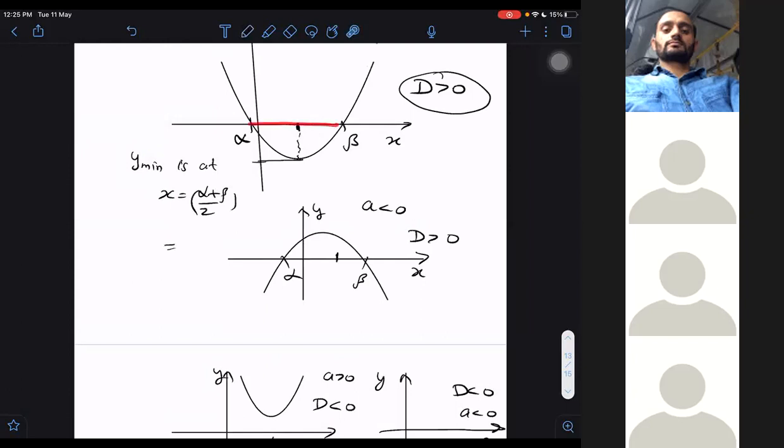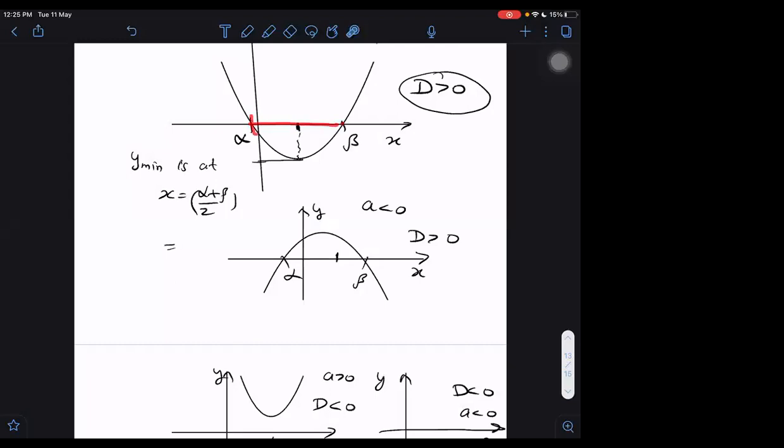You can understand it: if I take alpha and beta, take the sum and divide by 2, I will get the midpoint. But what is alpha plus beta? Sum of roots is minus b by a. So this will become minus b by 2a. Here it is minus b by 2a.